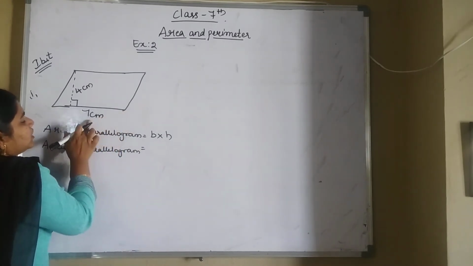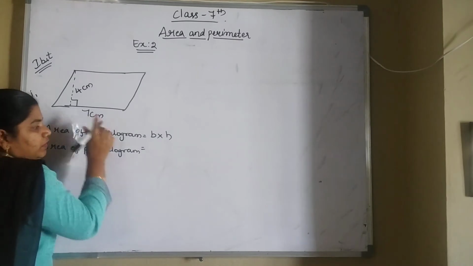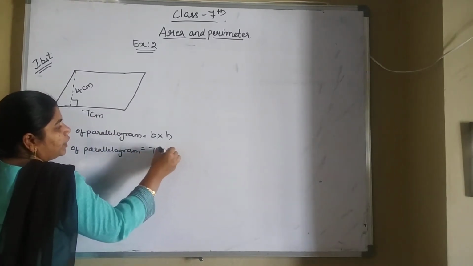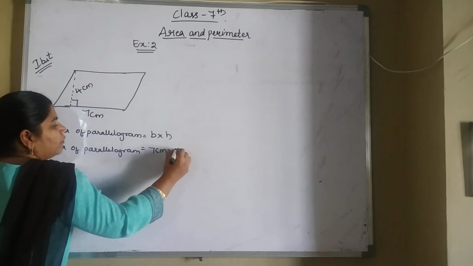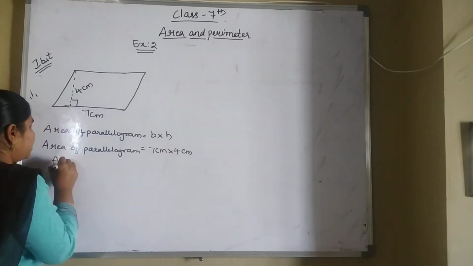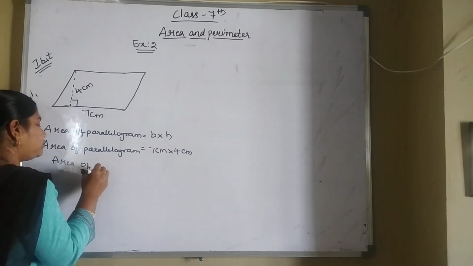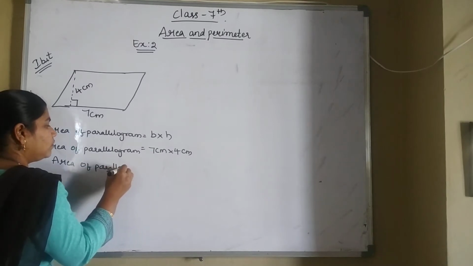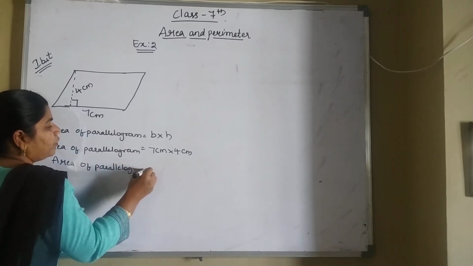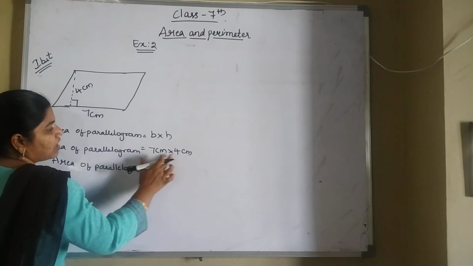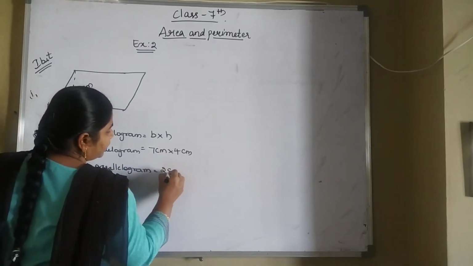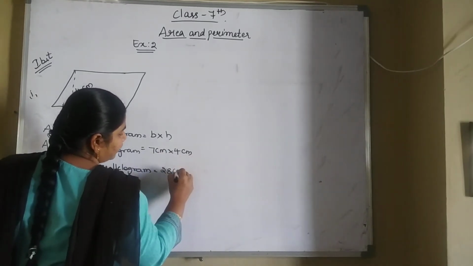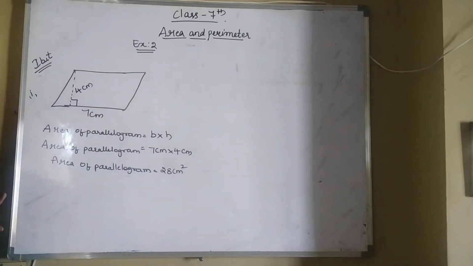This is the base, and the value they have given is 7 centimeters, into the height value they have given as 4 centimeters. So what is the area of the parallelogram? Area of the parallelogram is equal to 7 fours are 28. Centimeter into centimeter will be centimeter square. So this is our first bit.